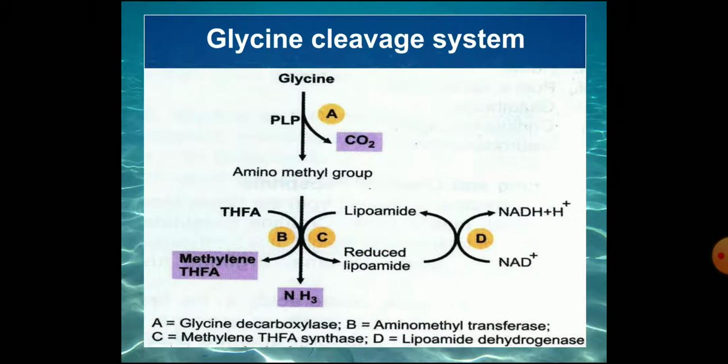So this is the reaction where glycine is converted to ammonia and carbon dioxide, that is carbon dioxide and ammonia are released, and from carbon dioxide and ammonia glycine can be formed. Forward is the cleavage system, and then ammonia plus carbon dioxide can form glycine also.